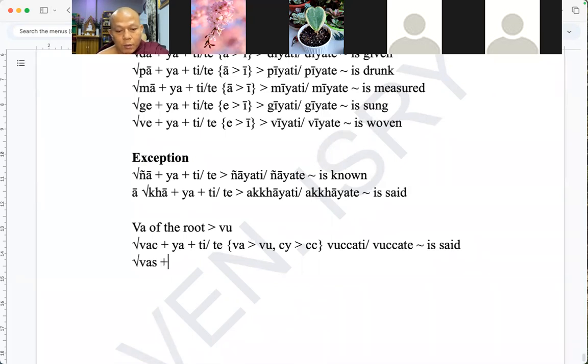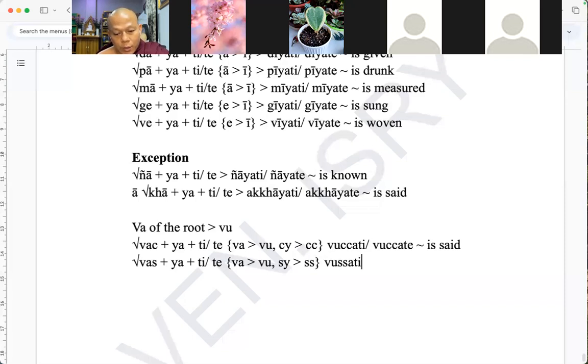Root was, and then ya, and then D. Here also what is changed to wu, and then saya and sasa.